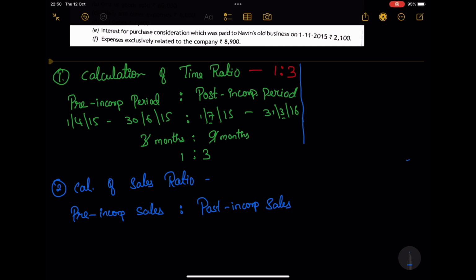No, isn't it? They have not given direct information. They have given monthly-wise information. So we have to calculate the average sales of every month.